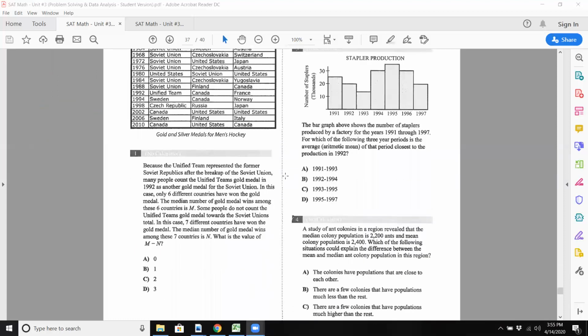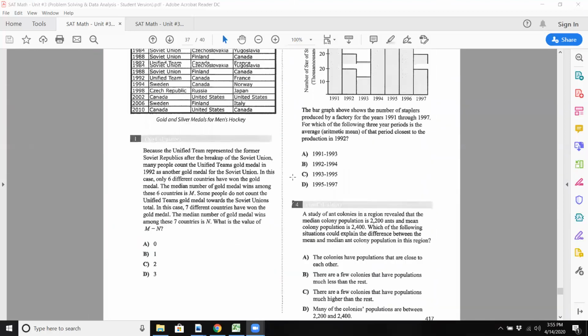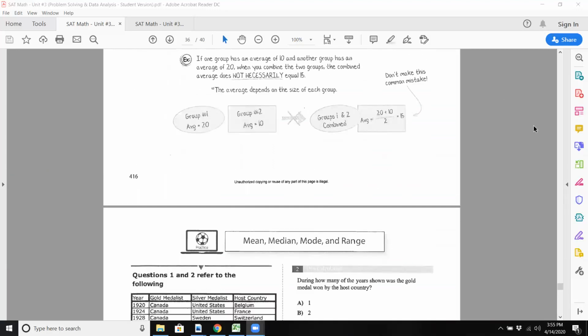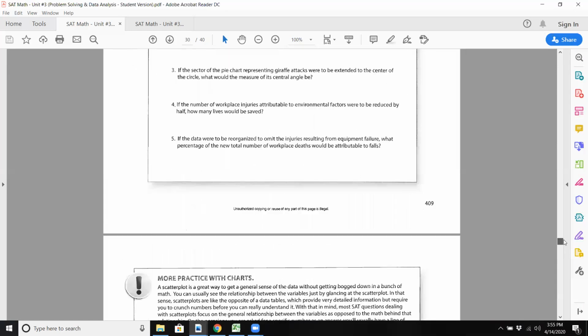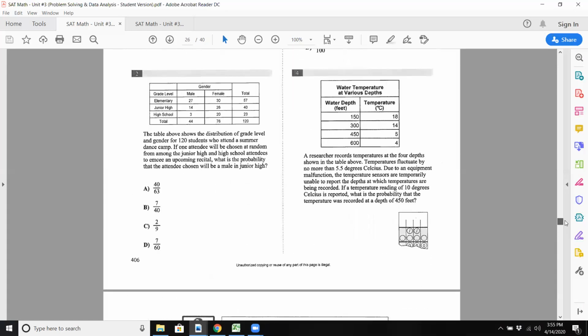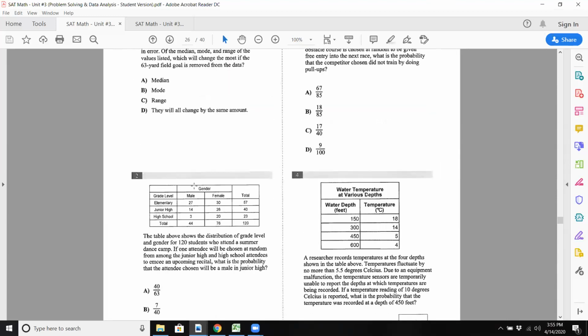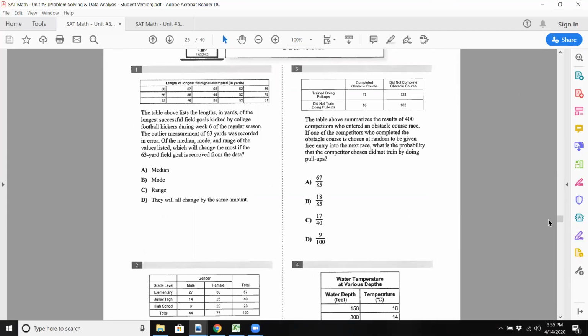In interest of time, I want to make sure I give you guys a break around 4. So let's actually do this. I'm going to have you guys do page 406, 1 and 3.